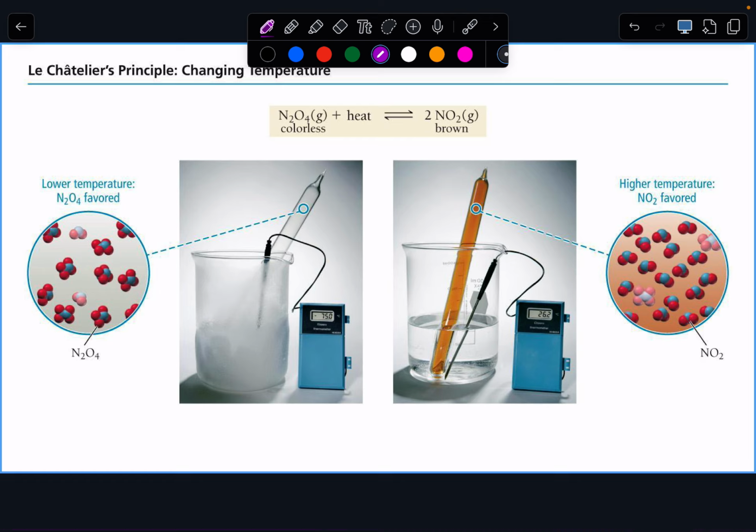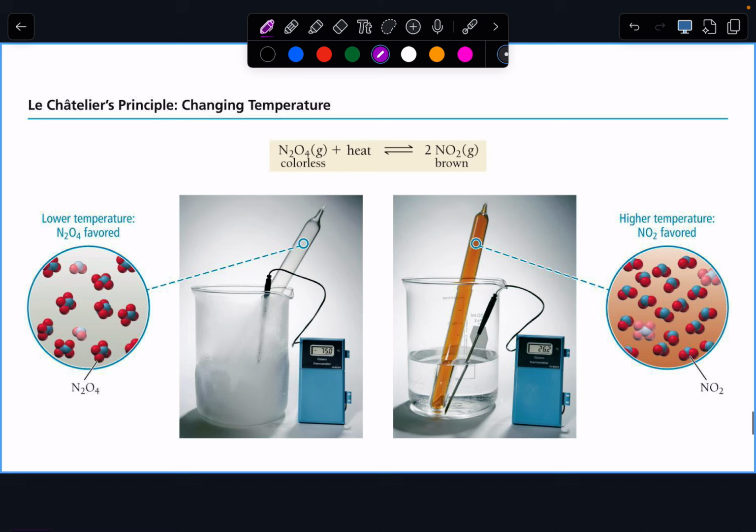Is it made? Okay, so they show you heat as a reactant here. The other way you would see this is a positive delta H, or just a label that says it's endothermic. All of those things mean that heat is required for this reaction to occur.